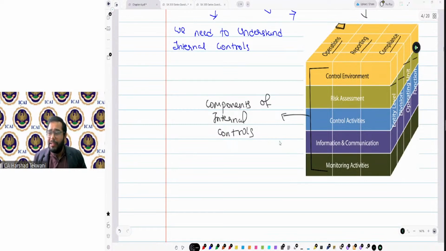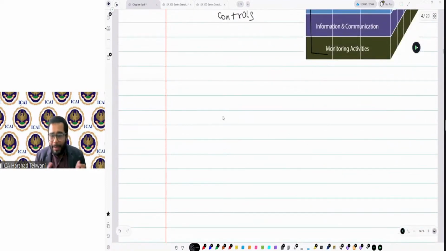ITGCs are the controls which are there around the system. They are general controls around the system so that the application can work appropriately. For example, restriction in respect to access to the change of program. Let's say there is an application.